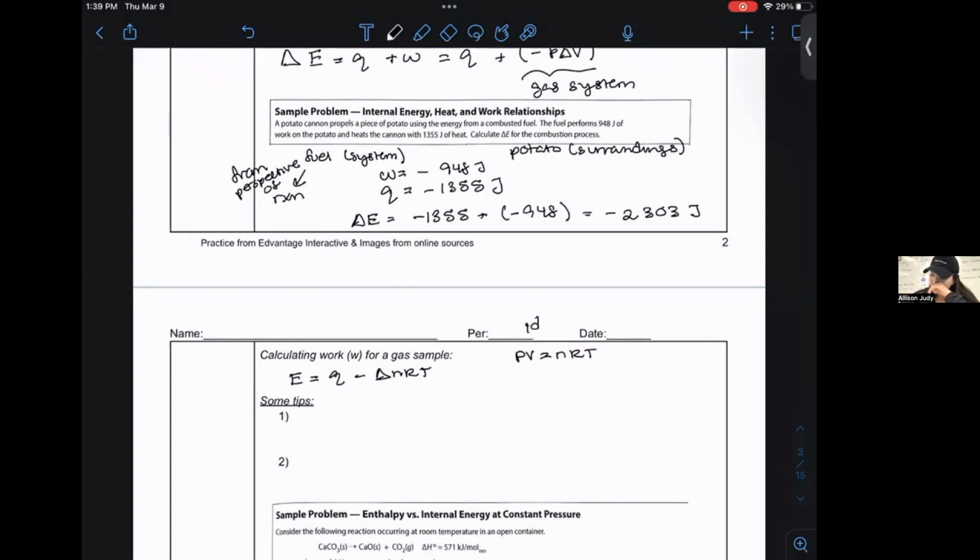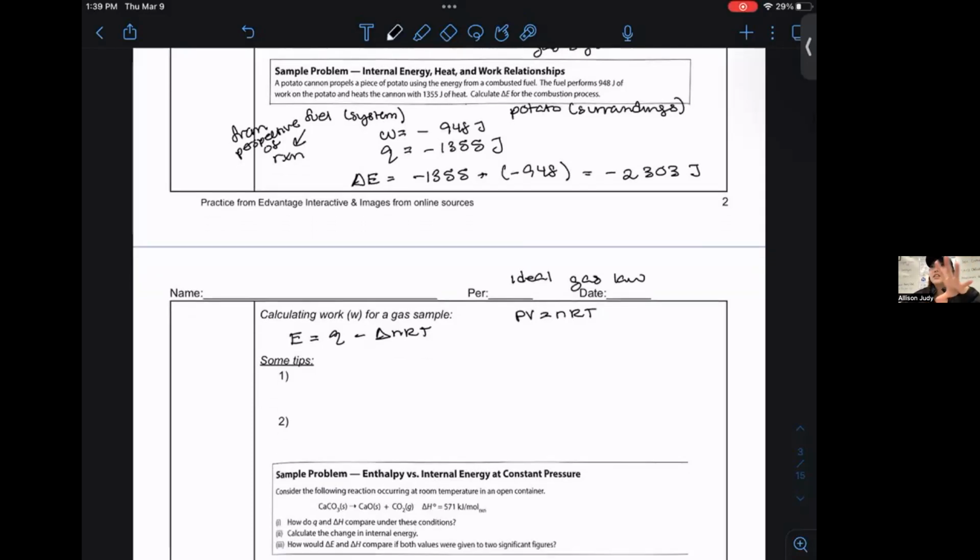That's just your ideal gas law variation. Again, this does not tend to be a super highlighted topic. They could screw you over, they can do whatever they want, but I haven't seen any questions that really dig into this deep.